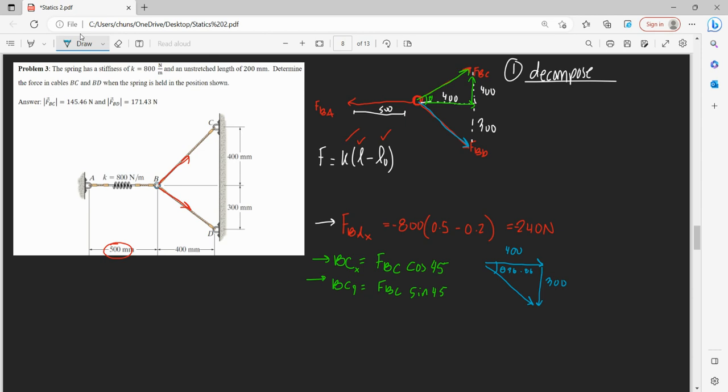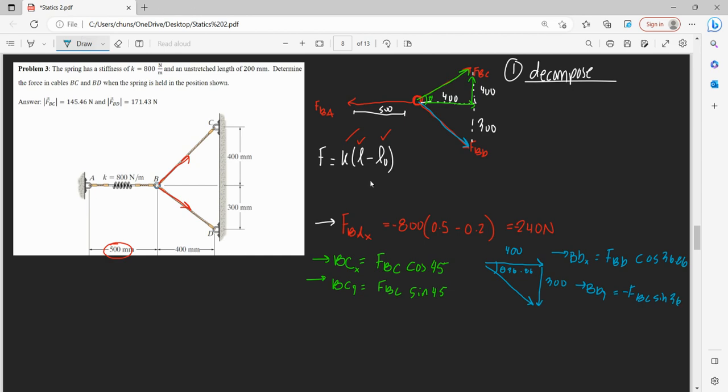So our FBDX is equal to FBD cos 36.86, and our FBDY is negative FBD sine 36.86.